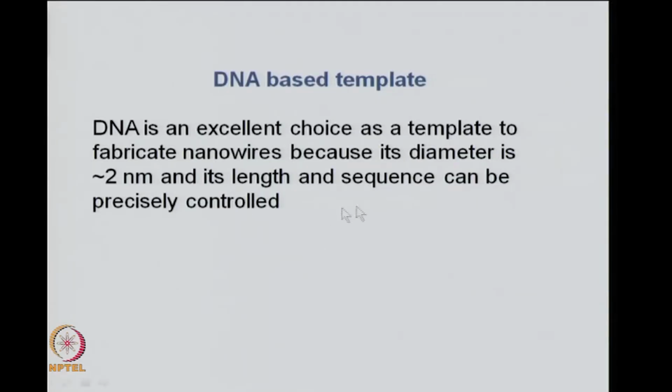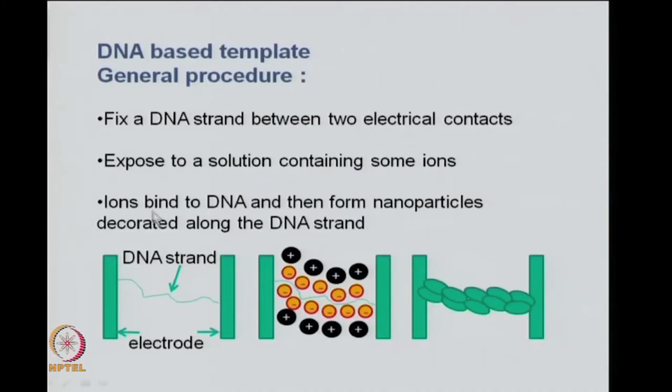So, the length and sequence can be controlled, and hence whatever you are going to make based on DNA templates can also be controlled to some extent. So, this is a general procedure where you take a DNA strand and connect it between two electrodes, and then you bring a solution containing ions near this strand.